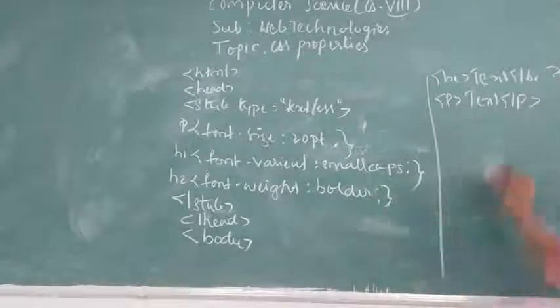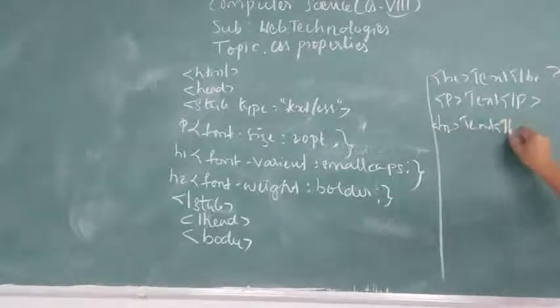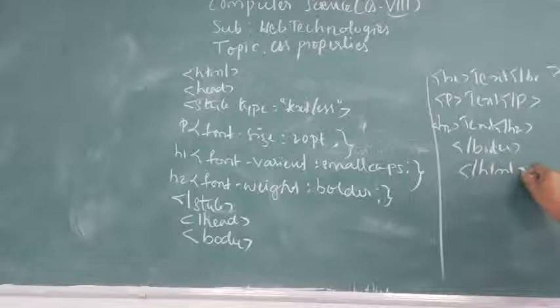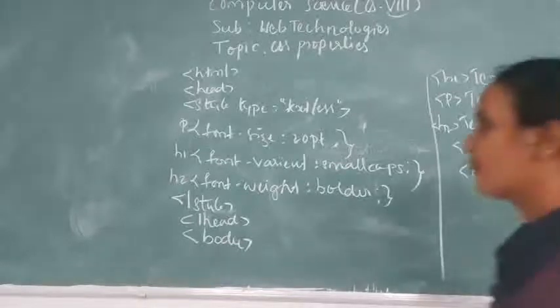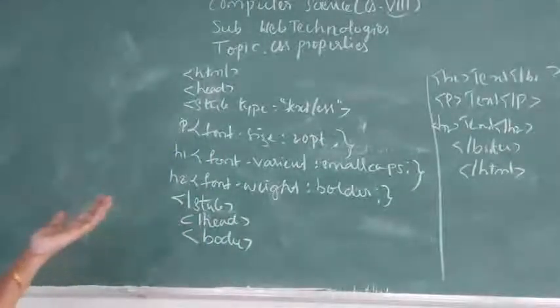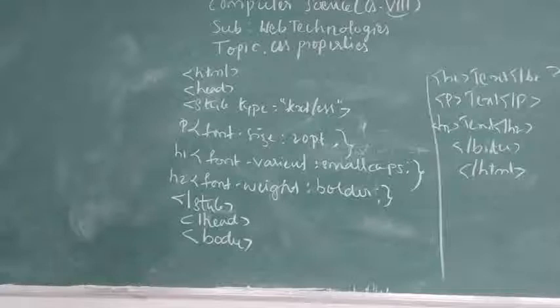Next H2 text, close H2, close the body tag. You write this example program, and in the system I will show you the execution part also. Now take a screenshot of this.